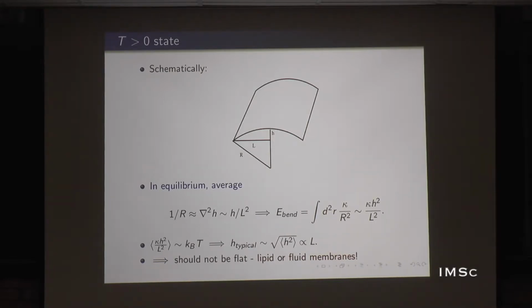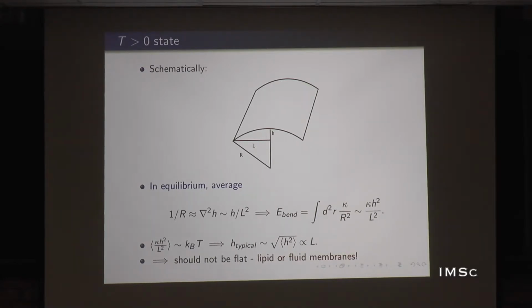So, that is not a flat phase. This is precisely what happens for a lipid membrane: an arbitrarily large fluid membrane does not stay in a flat phase at finite temperature, and the basic reason is essentially this. It is slightly more complicated, and there are nonlinear effects which do not save you for lipid membranes, they make it worse, but this is the essential physics.